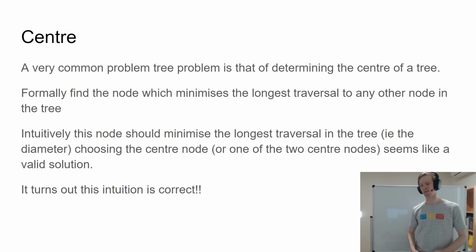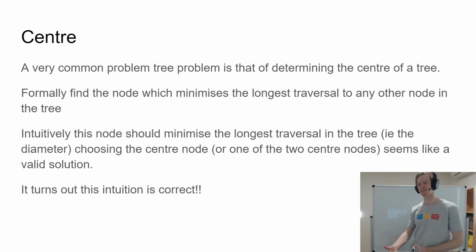So if we minimize our traversal of the diameter, which we know is our longest path, it then seems to follow that we'd be able to minimize our overall maximum, which is a reasonable intuition, and it does actually turn out to be correct.